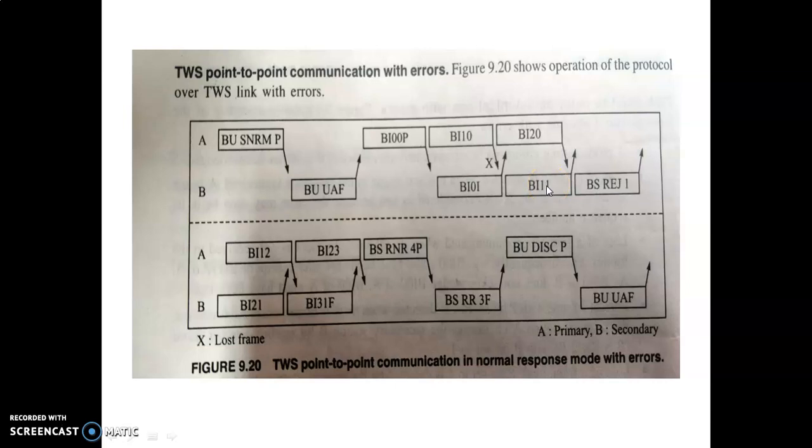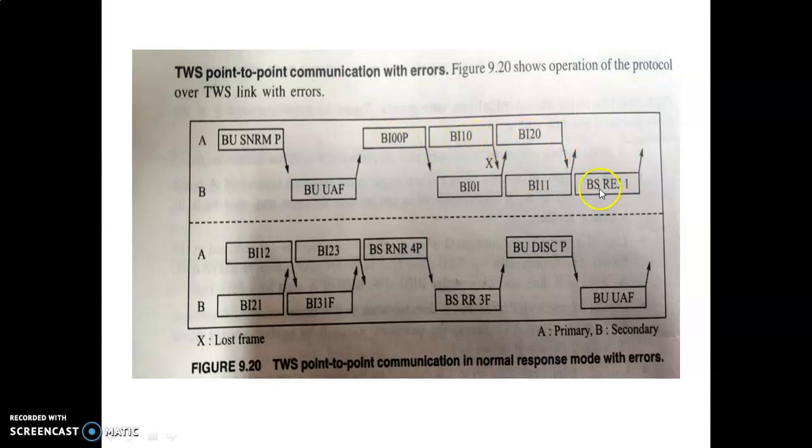Now what happens is that over here it received I2. B received I2, but after receiving I2 it understood that it did not receive I1. It had received I0, it received I2, but it is expecting I1.